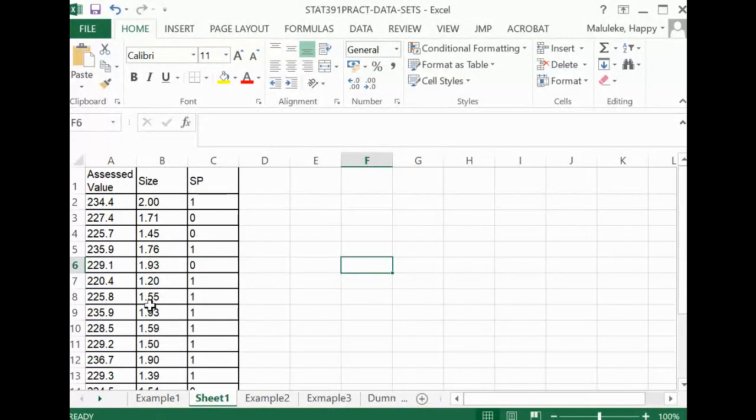Here is our Excel file. You have the selling price here, the size of the house, and whether the house has a swimming pool. So let's run this.